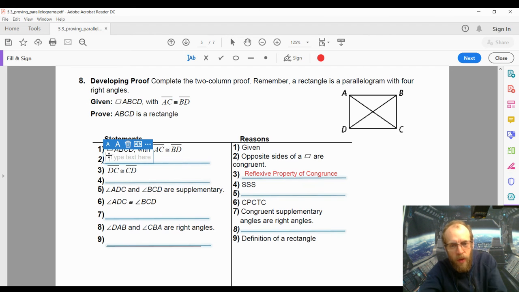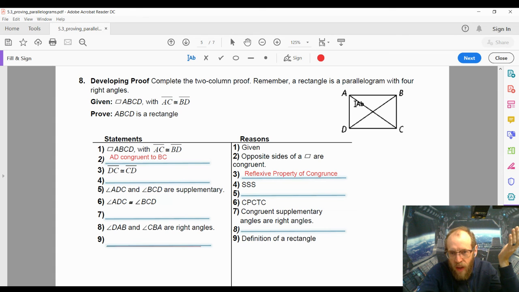Now, I can't do the notation here, but I would say that AD is congruent to BC. And I know that because they're opposite sides of a parallelogram. And that's a rule. So now I've got side, side, side for two triangles.